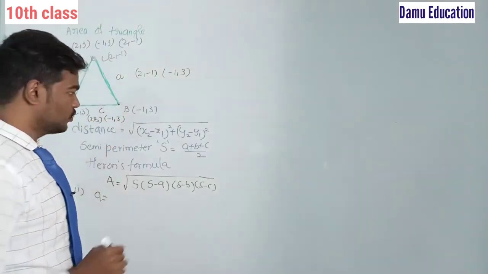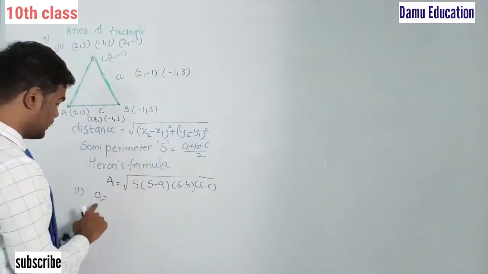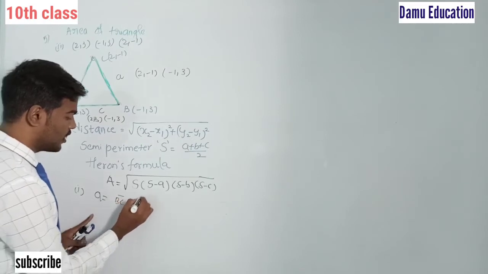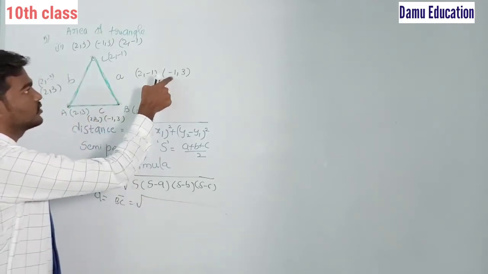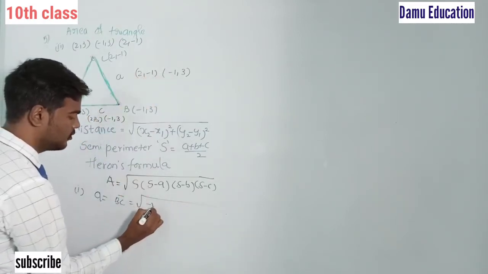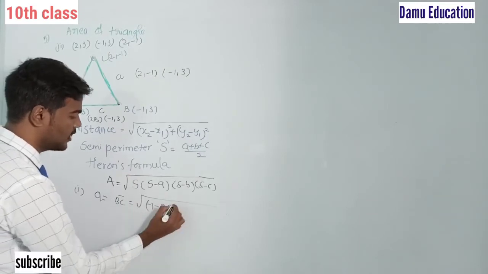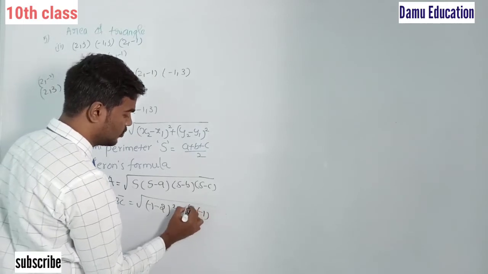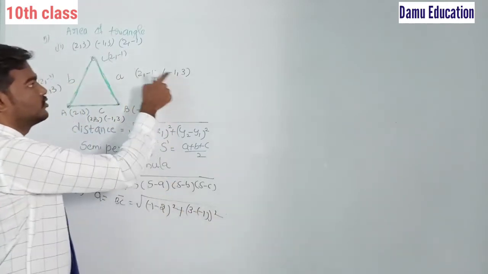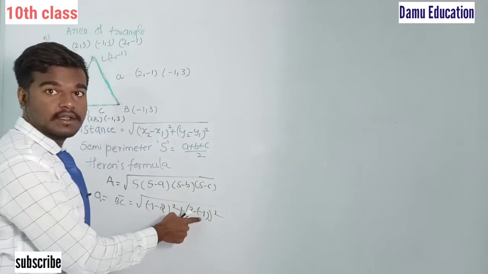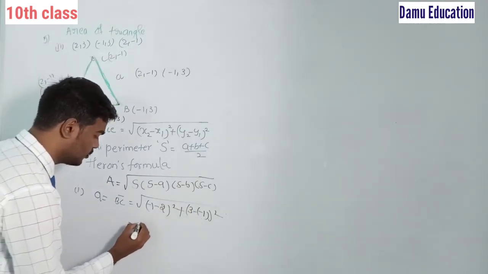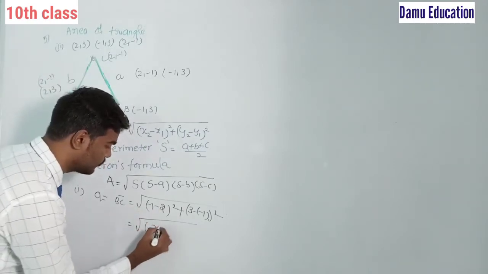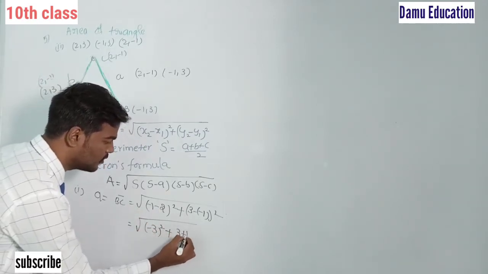So x1, y1, x2, y2. This is the distance formula. A is the distance, A is equal to BC, that is square root of x2 minus x1 whole square plus y2 minus y1 whole square, that will be equal to square root of minus 1 minus 2, that is minus 3 whole square, plus 3 plus 1 whole square.